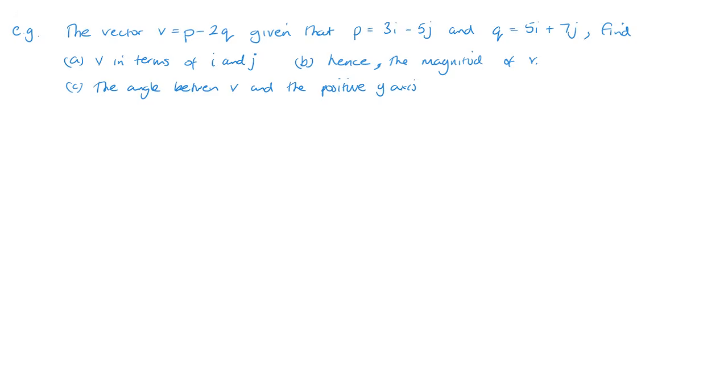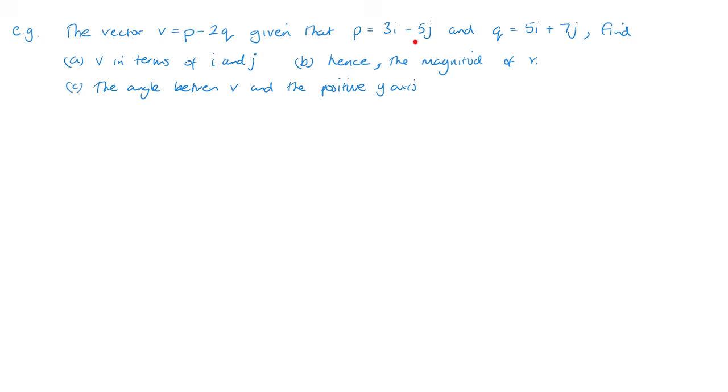So here's the first example, and I do feel like we pretty much covered this in the last video, but I'm just sticking with the order from the textbook for those of you following in the textbook. So the vector v is equal to p minus 2q.